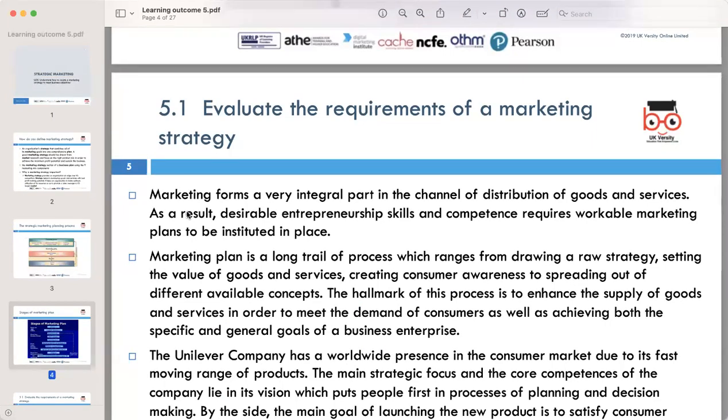The marketing plan encompasses a series of processes, from developing strategy, setting product, services, and value, creating customer awareness, to implementing various concepts. So the ultimate goal is to meet consumer demand.